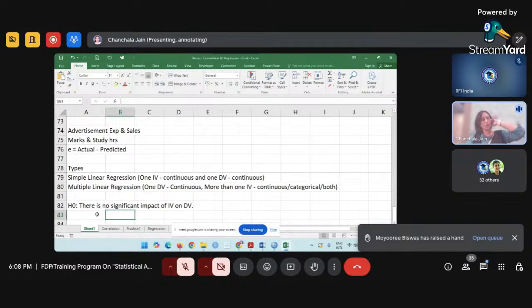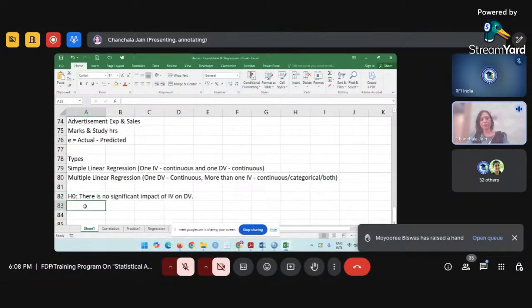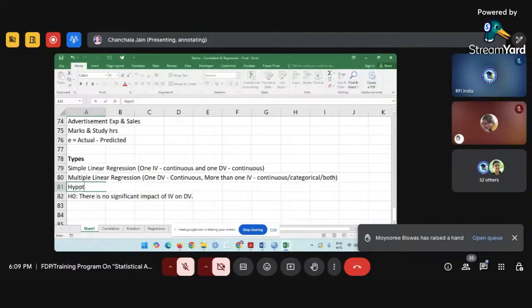These are your ways of formulating the null hypothesis. Clear? And vice versa to this, you can make the alternative hypothesis also. So this is the very basic concept of regression. I hope it is clear to everyone. Yes, ma'am. Fine. Thank you so much for the confirmation.